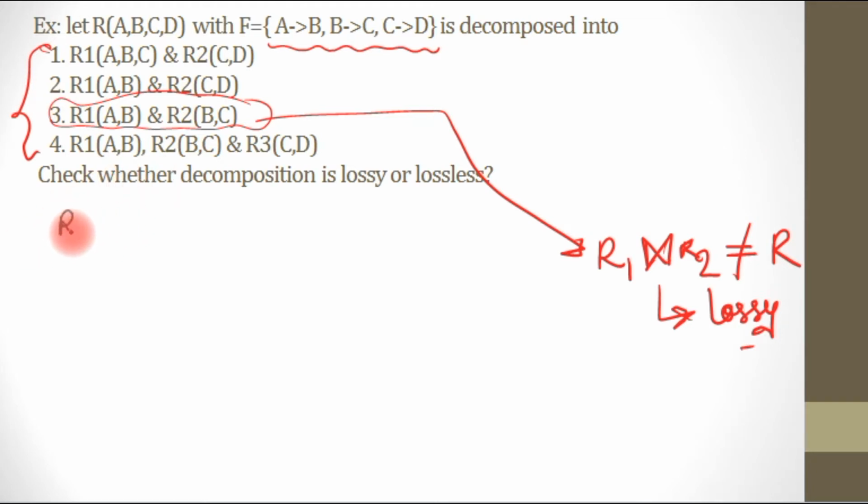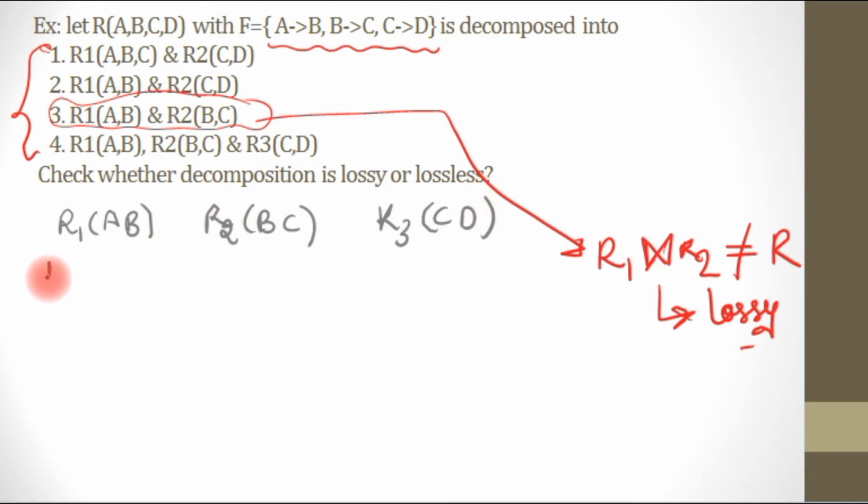Here we have three relations: R1, AB, R2, BC, and R3, CD. So now first check whether all the attributes are covered or not. In the original relation we have four attributes: A, B, C, D. So all the attributes are covered in the subrelations.